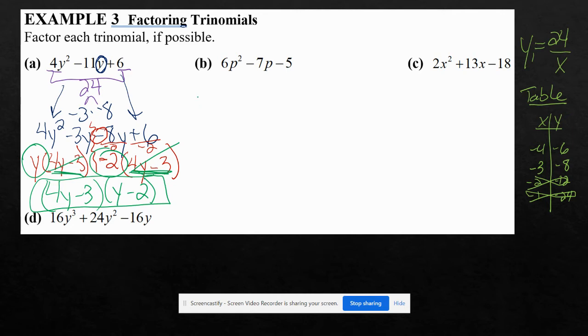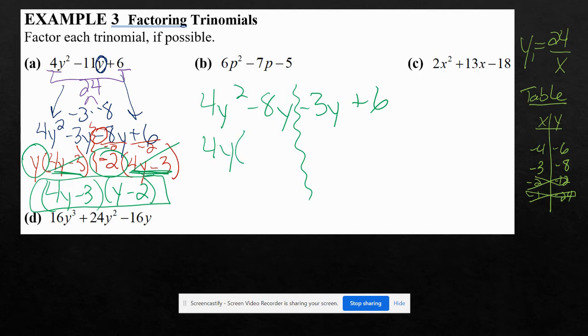Let me show you. 4y squared minus 8y minus 3y plus 6. Our common factor over on the left side will be 4y. 4y squared divided by 4y is y, minus 8y divided by 4y is 2.